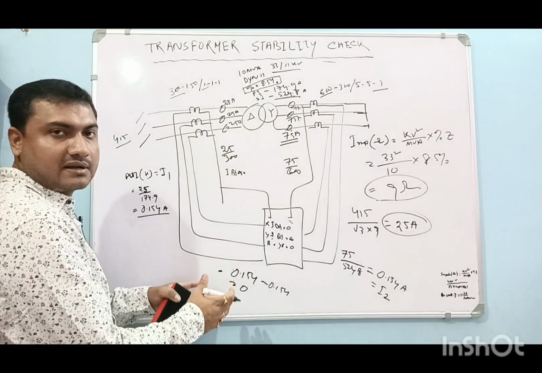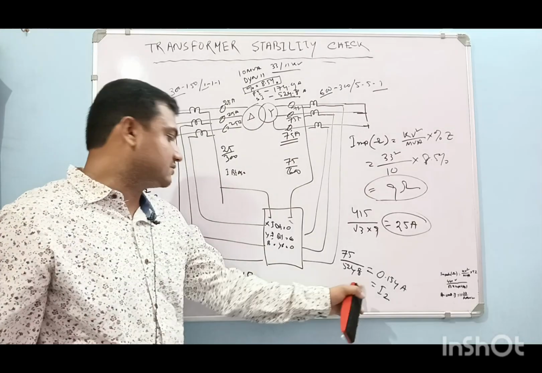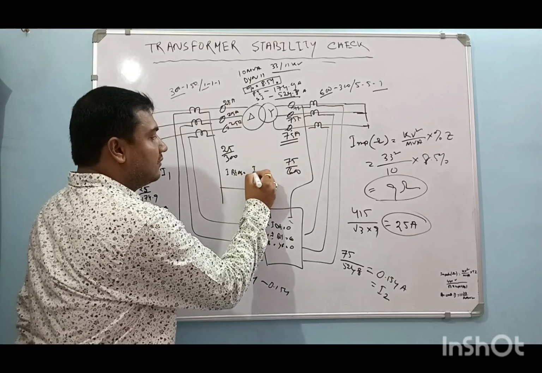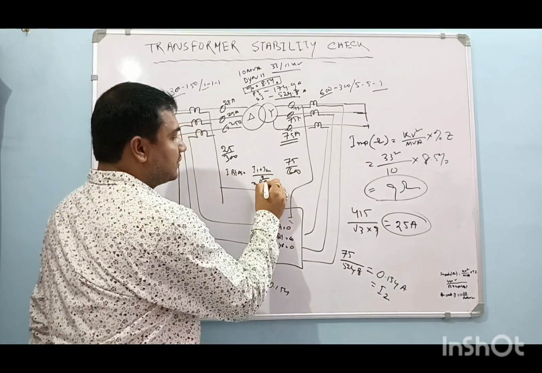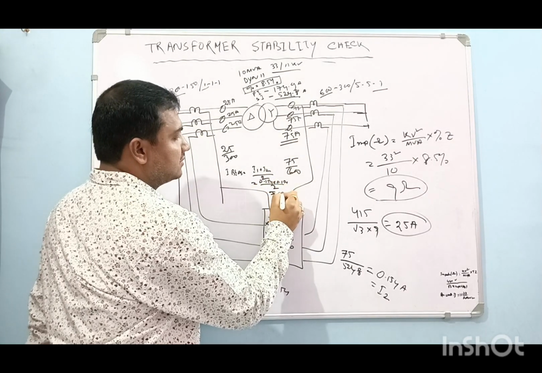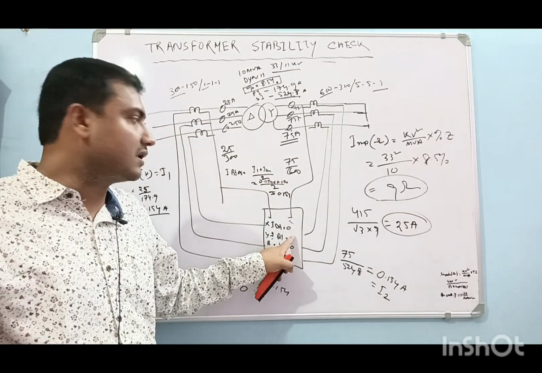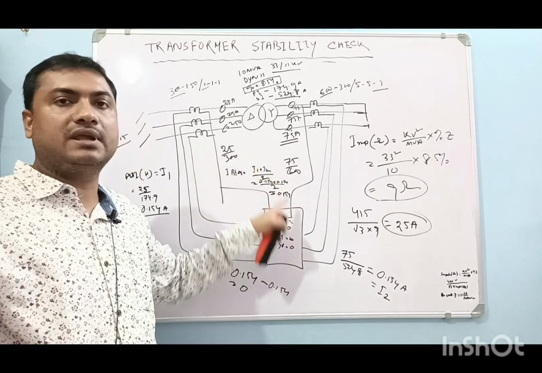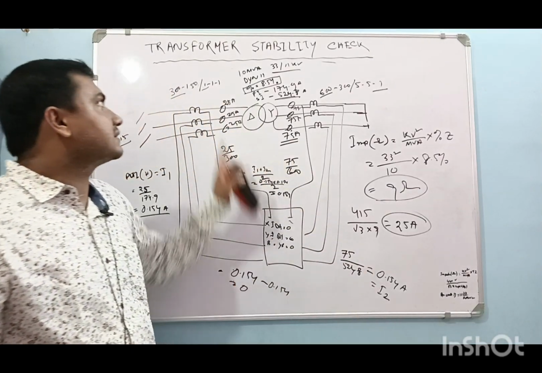Then our differential current is the vector sum of I1 and I2, that is this one minus this one, equal to 0. And what is I bias? I bias is equal to (I1 plus I2) by 2, equal to (0.154 plus 0.154) by 2, equal to 0.154. So in the relay, I difference will show 0 and I bias will show 0.154. If this is showing, then the system is stable. That is the stability. The system is stable.